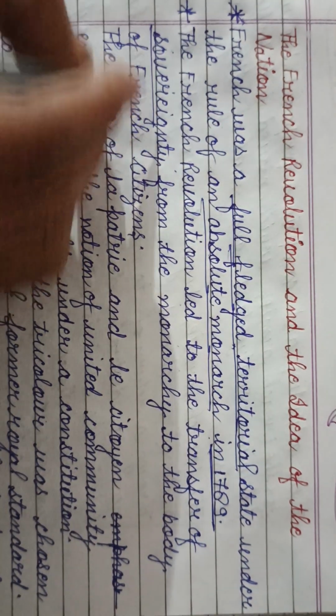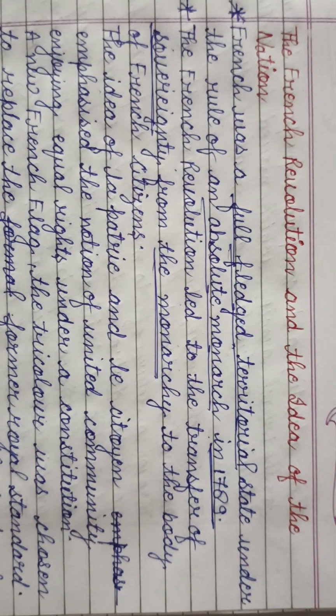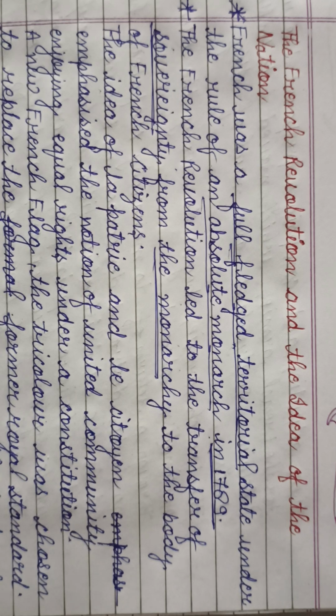The French Revolution led to the transfer of sovereignty from the monarchy. So what was the importance of the French Revolution, or what happened in France after the French Revolution?